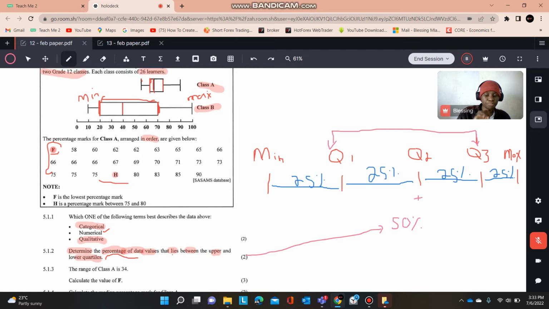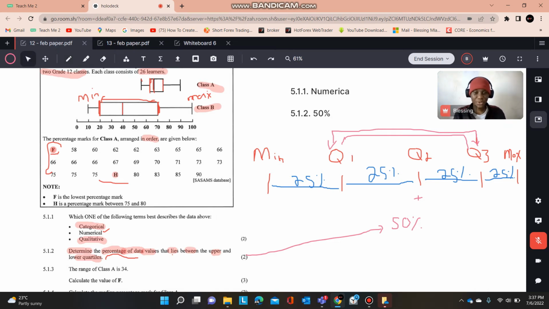If we're looking for the percentage of data between quartile 1 and quartile 3, we take these two percentages and add them: from quartile 1 to quartile 2 we have 25%, and from quartile 2 to quartile 3 we have another 25%. If you add both, you get 50%.